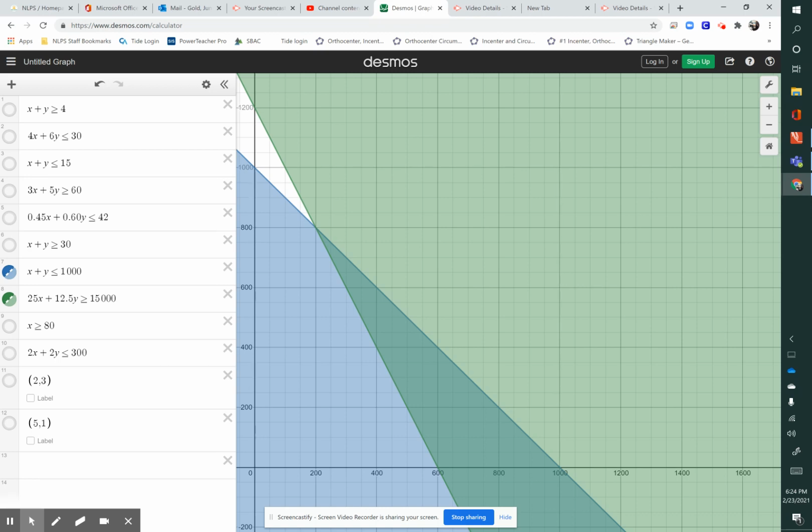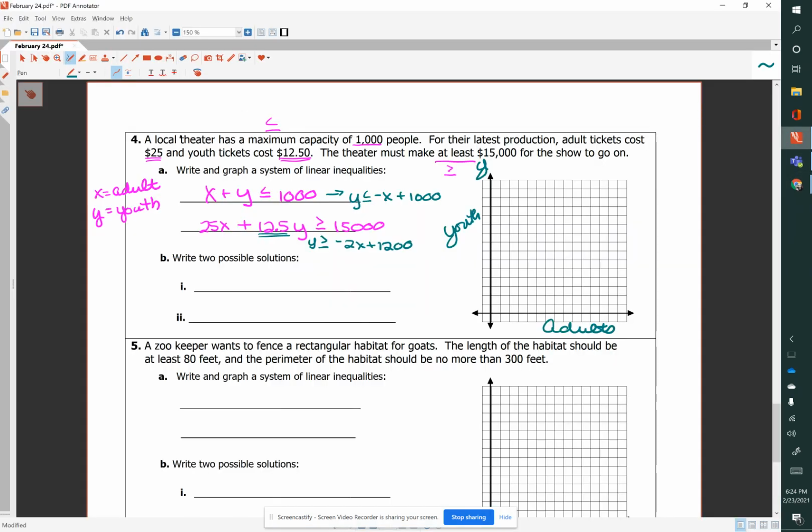Got to keep within that shaded area. So one combination would be 700 adult tickets combined with 100 youth. Or we could sell 400 adult tickets with, let's say, 500 youth.